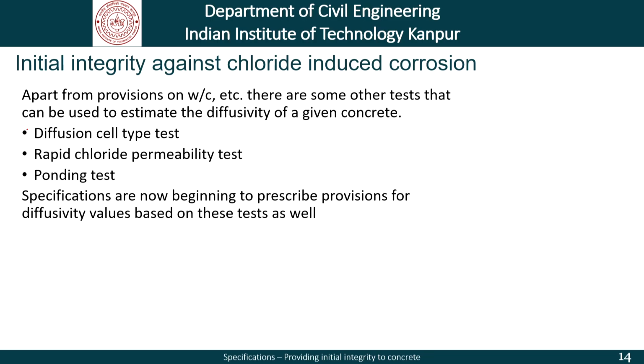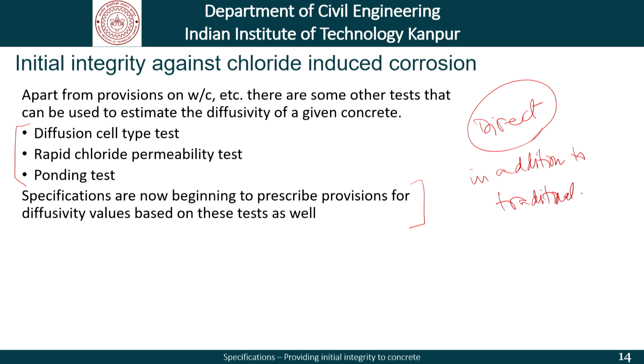Having said that, over a period of time, other methods such as those which are listed here have emerged as more direct measures of chloride permeability, and specifications are now beginning to prescribe these values directly as well, in addition to traditional provisions of water cement ratio, cement content and so on. So, what we will do today is basically just look quickly at some of these tests.